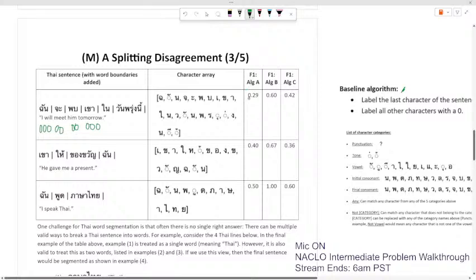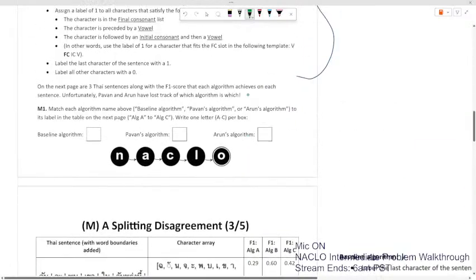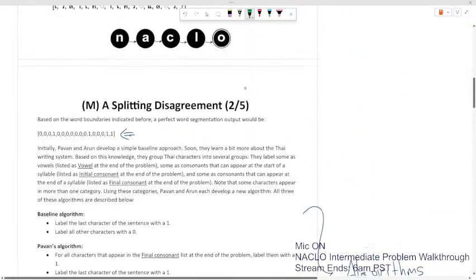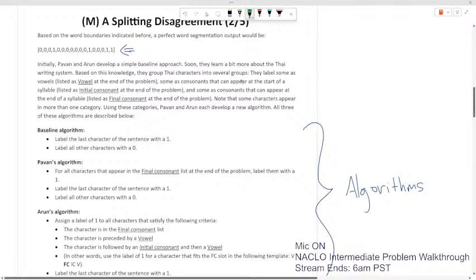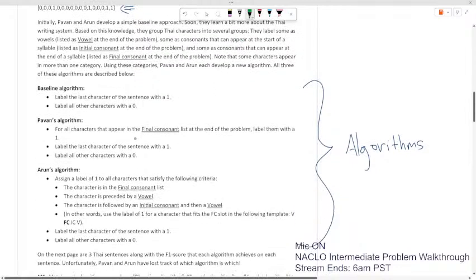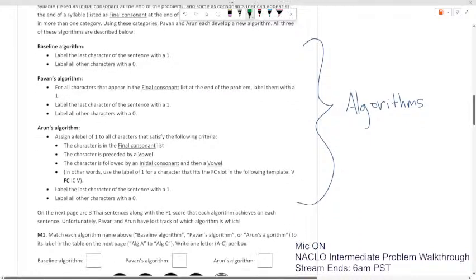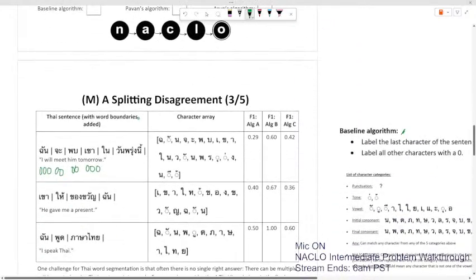What's a character array? Hold on. Oh, okay, I think they gave us the character array so that it's easier for us to write it out. But the question is, do word boundaries have 1s in between? Like, are the word boundaries 1?